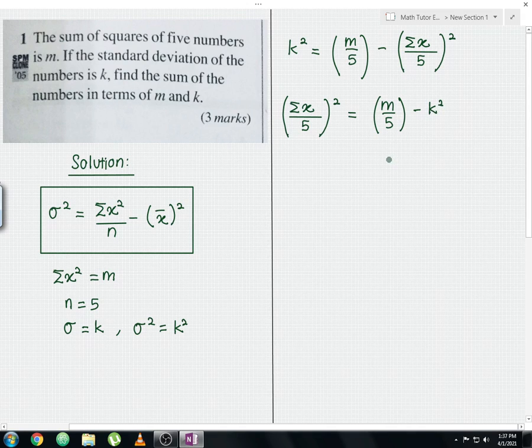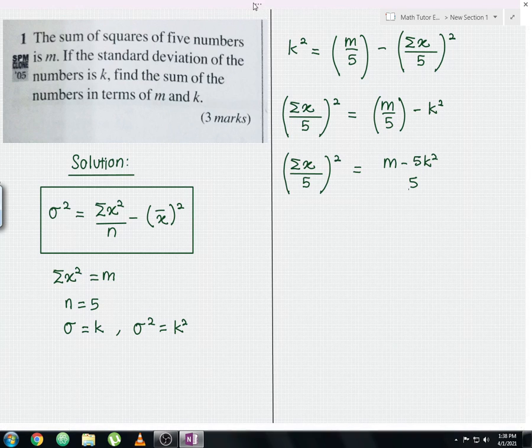Let us continue. This k square you can combine with m over 5. So from here you should get summation x over 5 square is equal to m minus 5k square over 5. Let me underline the fraction over here.